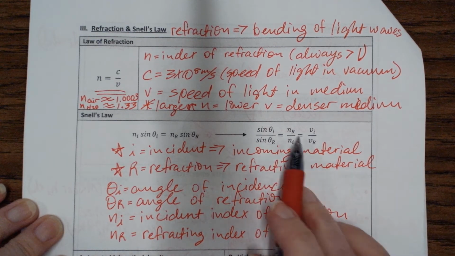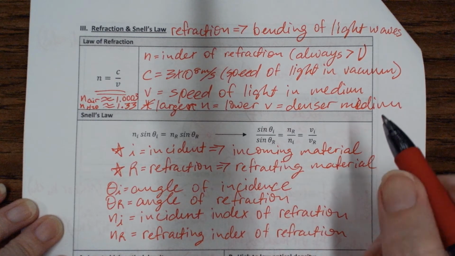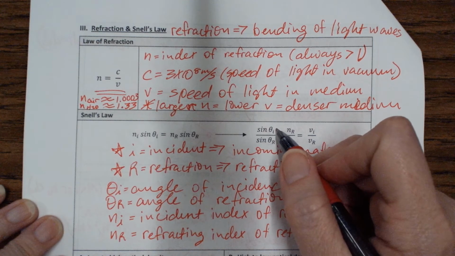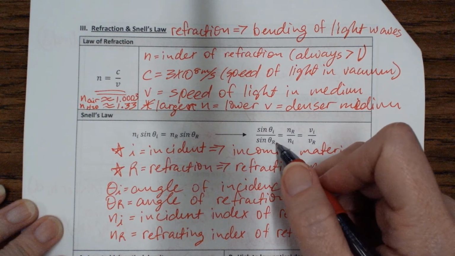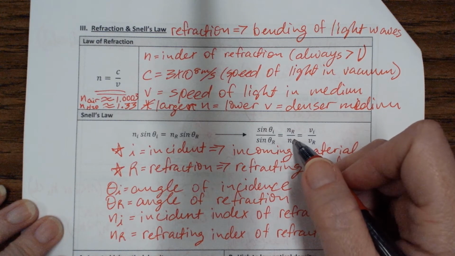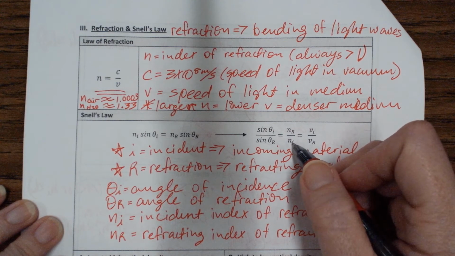Another way to say Snell's law would be the sine of the angle of incidence over the sine of the angle of refraction is equal to the index of refraction for the refracting material over the incident index of refraction.